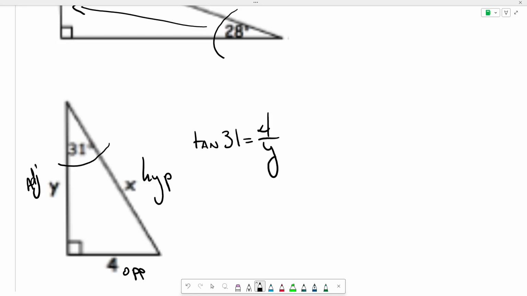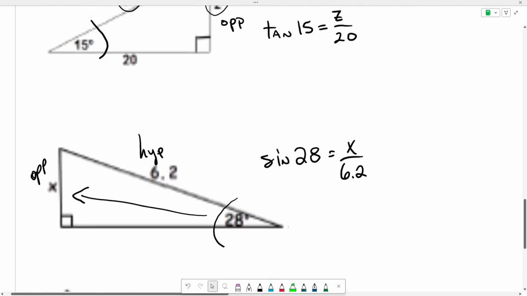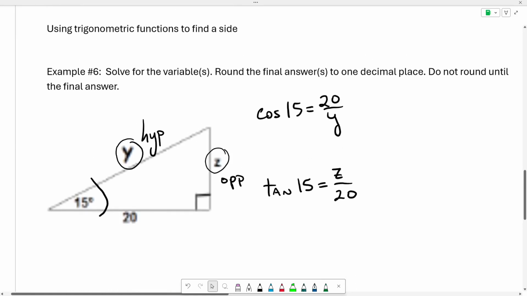And then to find my hypotenuse, I'm going to use opposite over hypotenuse, so that would be the sine of 31 is equal to 4 over x. At this point we would use Desmos or some other type of calculator to go through and finish solving and rounding the final answer to 1 decimal place.